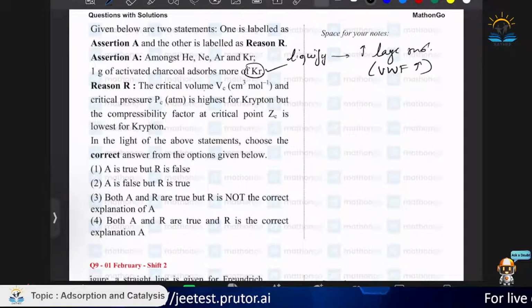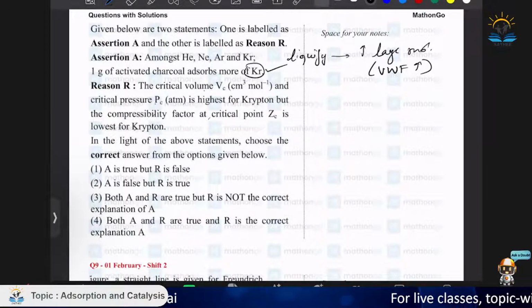Now critical volume and critical pressure is highest for krypton, but the compressibility factor is lowest for krypton.